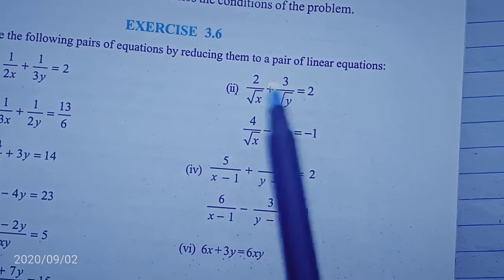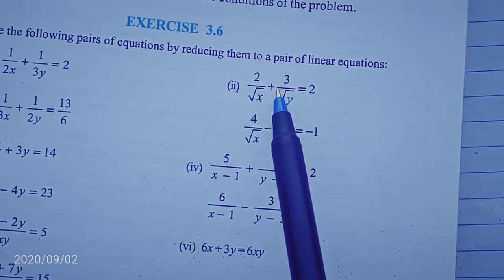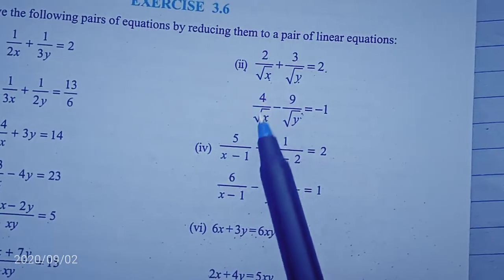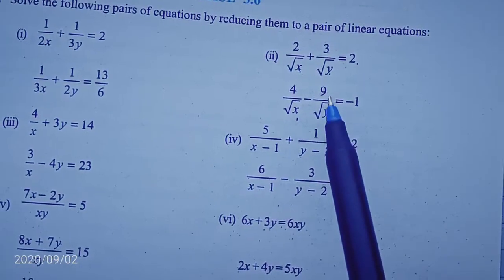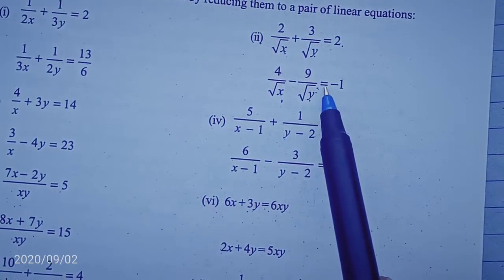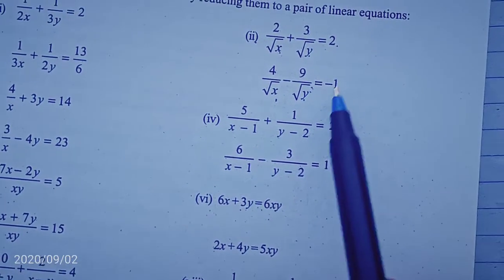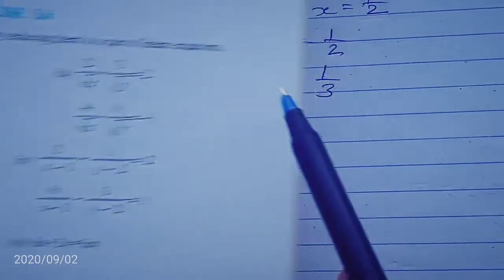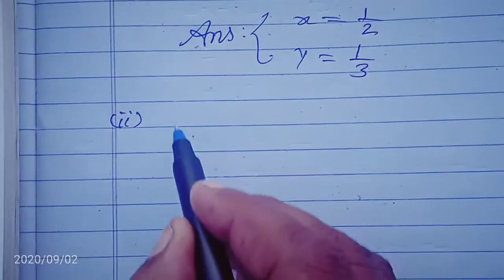Second, 2 by square root x plus 3 by square root y is equal to 2, and 4 by square root x minus 9 by square root y is equal to minus 1.